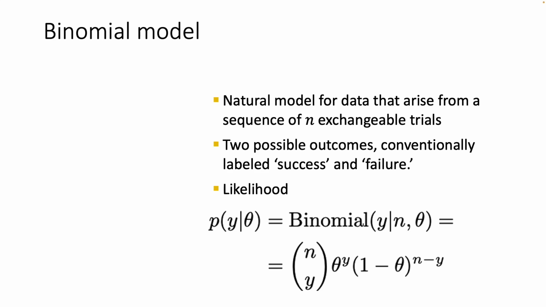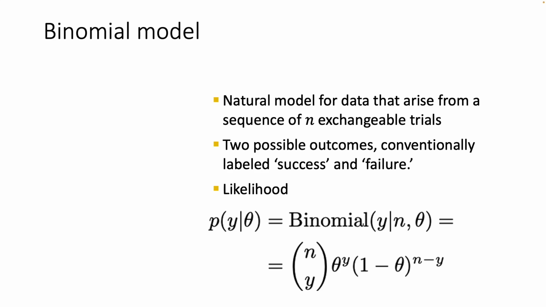Simple examples: gambling, where we win or we lose, or COVID tests, or multiple different aspects that we can categorize in a binary form, like success or failure. Coin flipping, ball tossing, match winning, etc. In case of the binomial model, we have a very simple likelihood function, which is constructed using the binomial distribution.